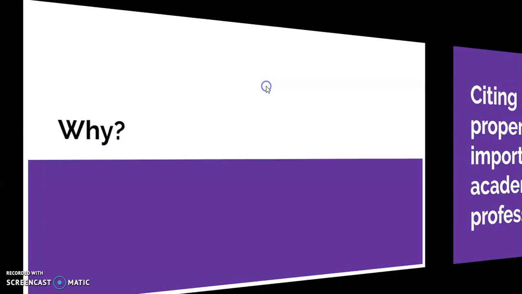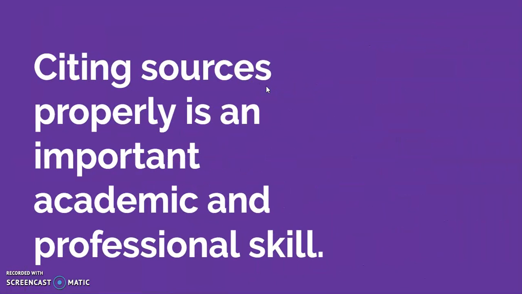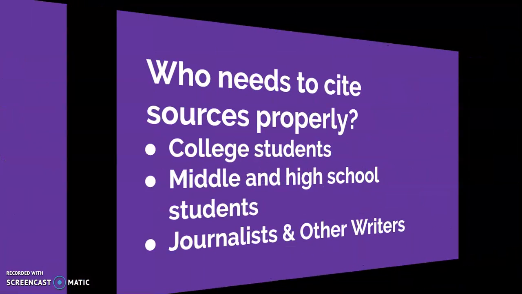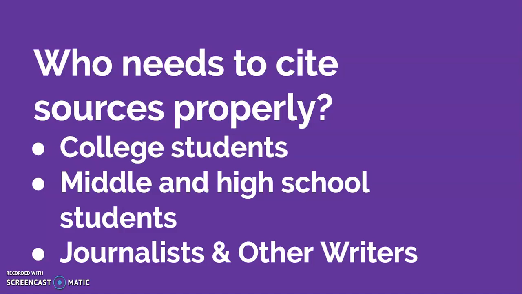Why are we learning about this? Citing sources properly is an important academic and professional skill. Who needs to cite sources properly? College students. If you plan to attend college, you'll sometimes need to write research papers, and citing sources will be an expectation.